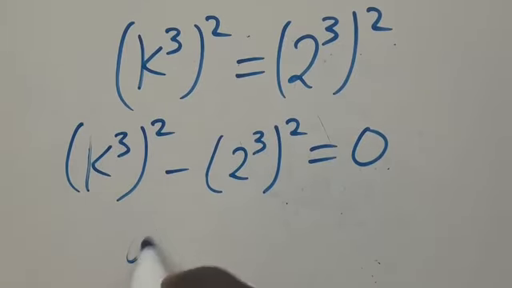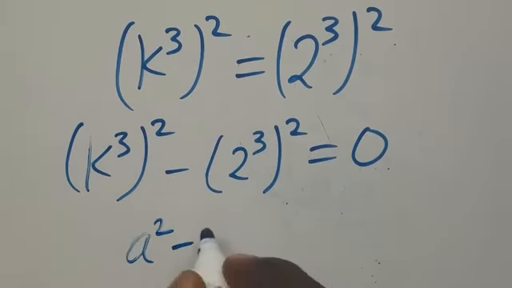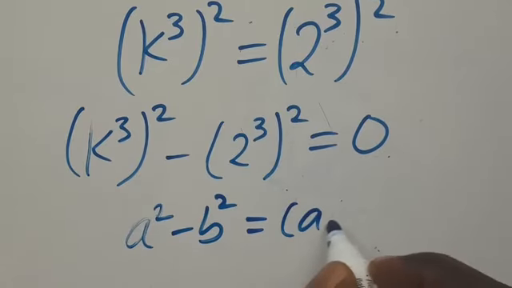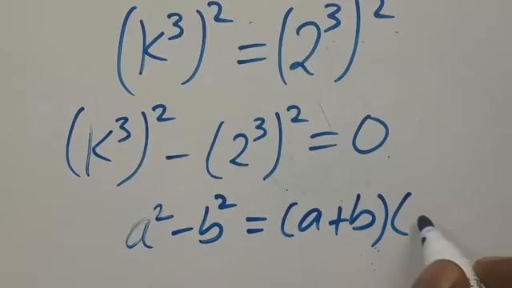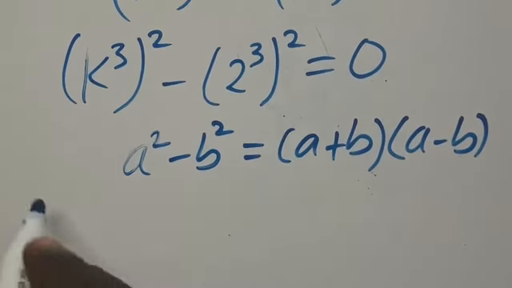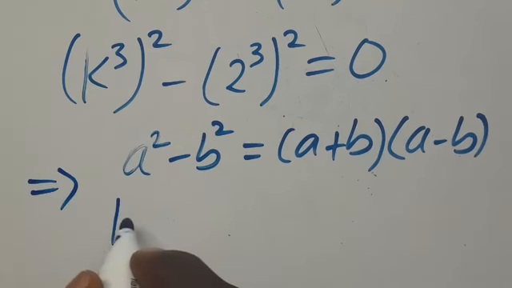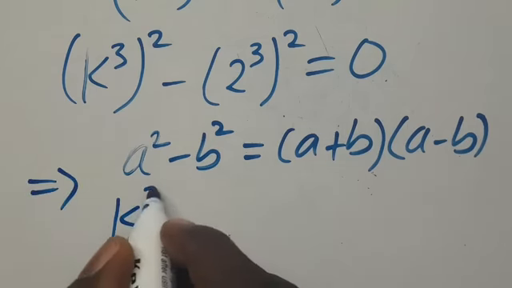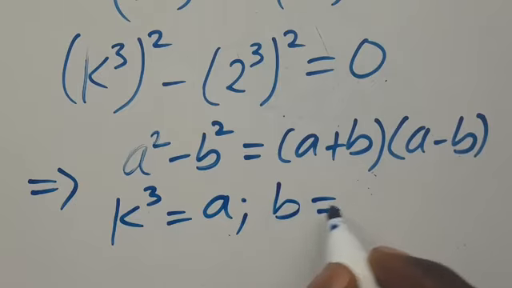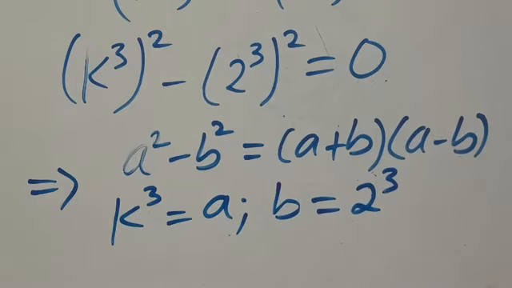Remember, when you have a square minus b square, this always equals a plus b multiplied by a minus b, all in bracket. So from here, this implies that our a equals k to the power of 3, while our b equals 2 to the power of 3.